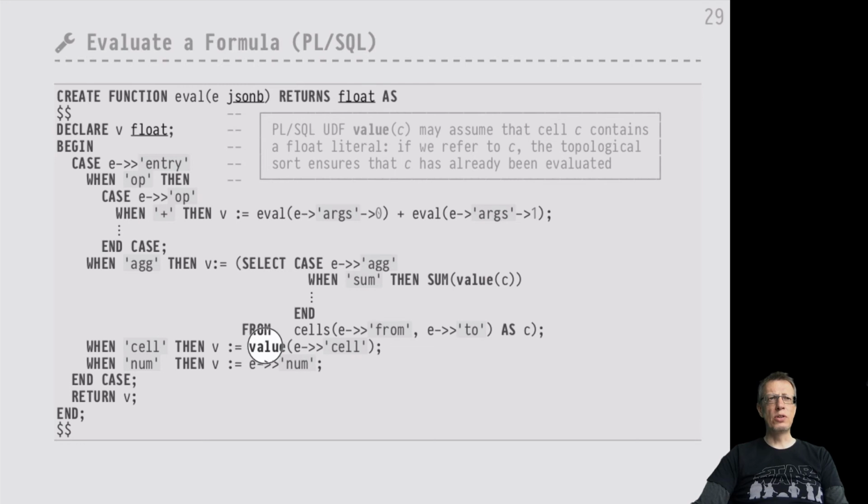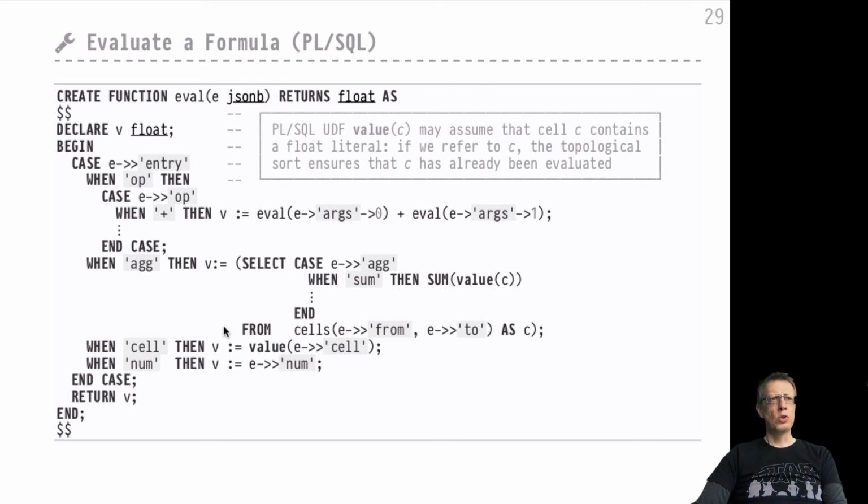There is an auxiliary UDF here, value, that can do just that. This is the particular simple case, and we don't need to recursively invoke ourselves here because we can count on cells that are being referenced to be already evaluated thanks to the topological ordering.